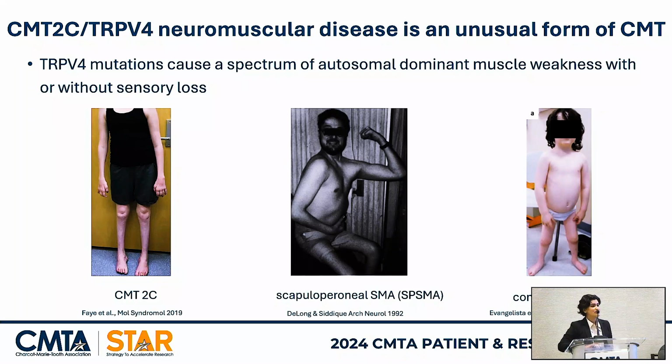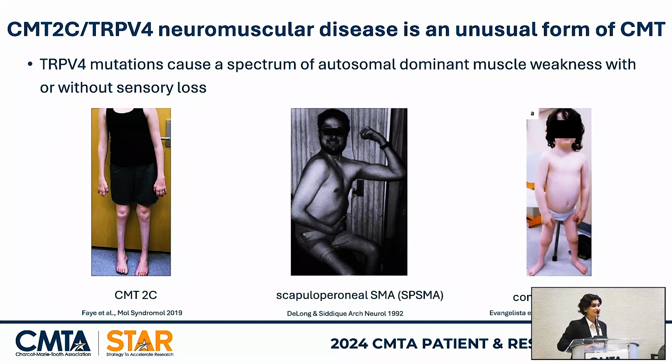The pattern of their muscle weakness can be pretty variable. There are patients that we label as having CMT2C because their muscle weakness is the most severe in their feet and in their hands. So their longest nerves are affected, as Dr. Saporta said is common in CMT. However, there are other patients with TRPV4 mutations who actually have pretty strong hands and feet, but have significant weakness around their shoulders and around their hips.